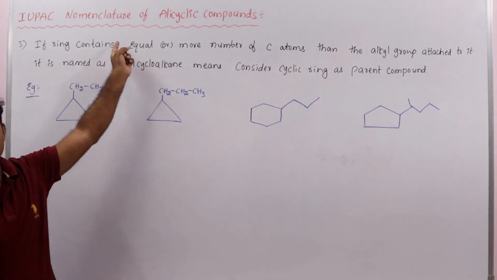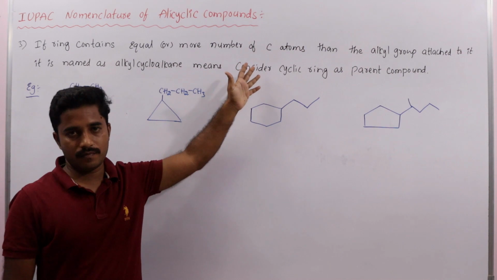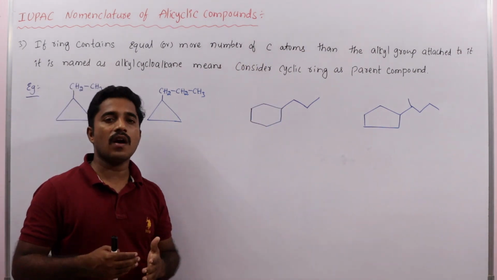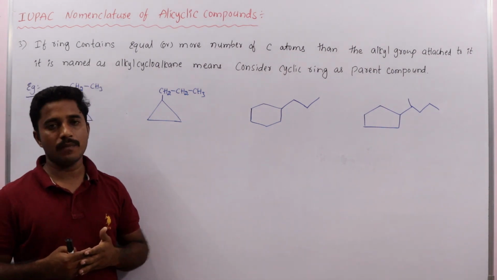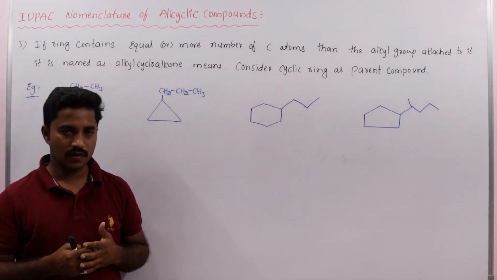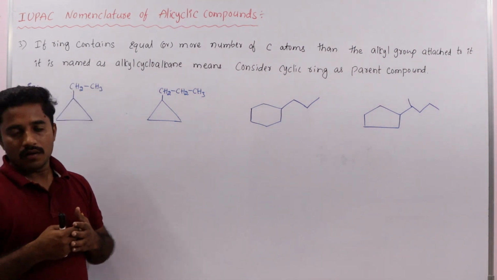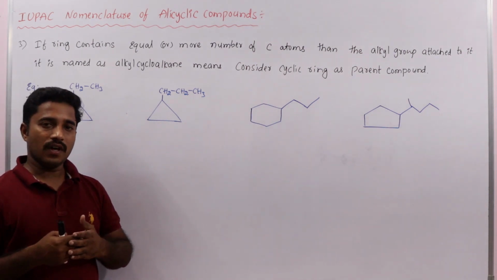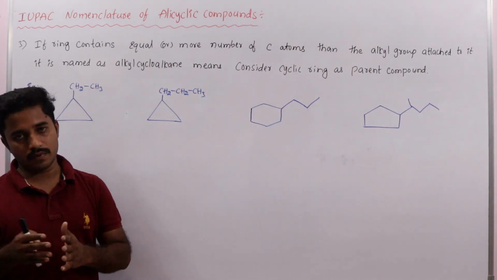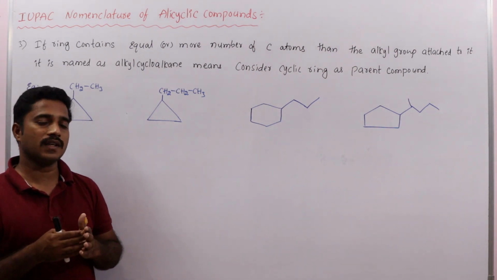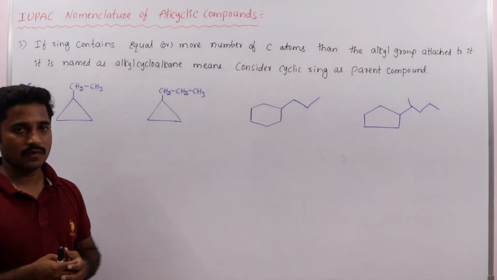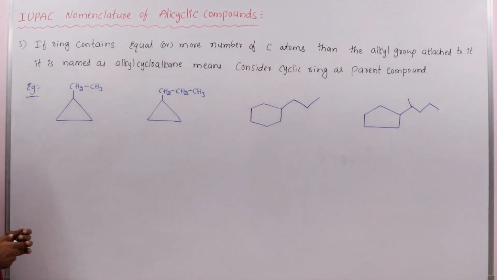Let us see the third rule. When the ring contains an equal or greater number of carbons than the alkyl group attached to it, we have to select the cyclic ring as the parent compound, and that alkyl group is taken as a substituent. Let us see here.